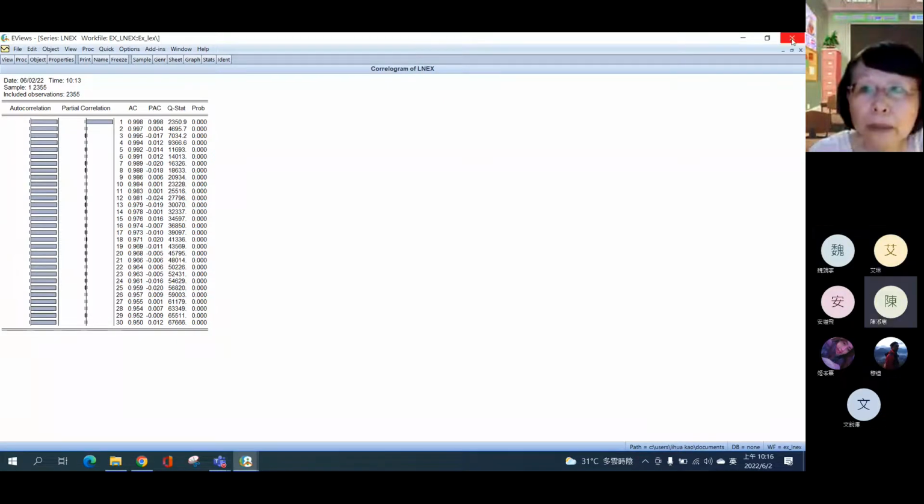Okay. Professor, so that is non-stationary, right? Well, when we say stationary or non-stationary, when it is non-stationary, it means there are some correlations, since we see time series data, right? So we already see the relationship.